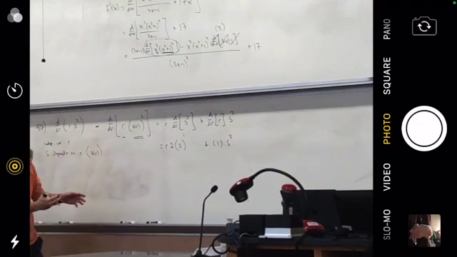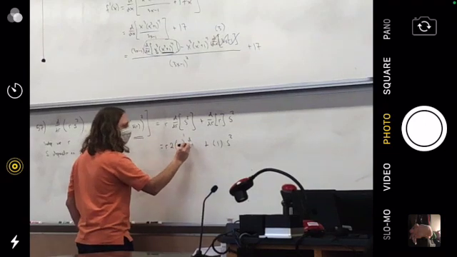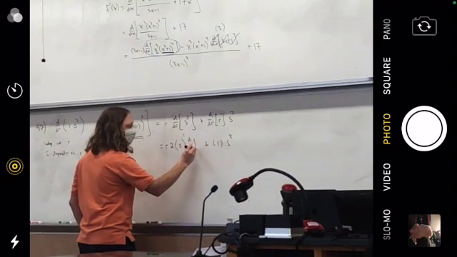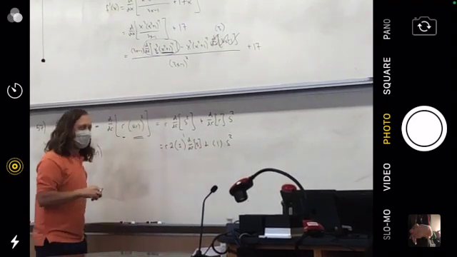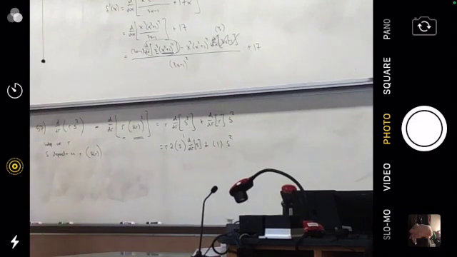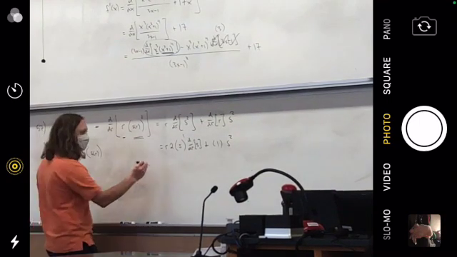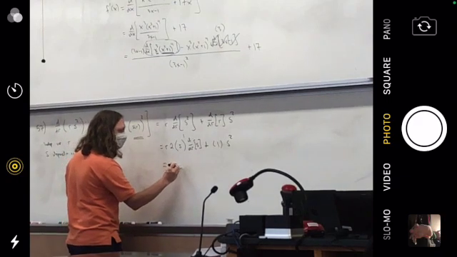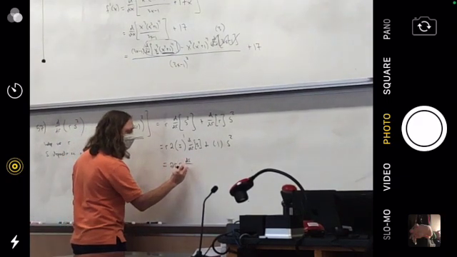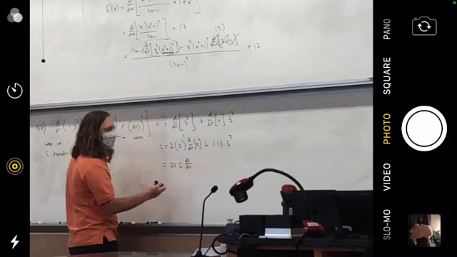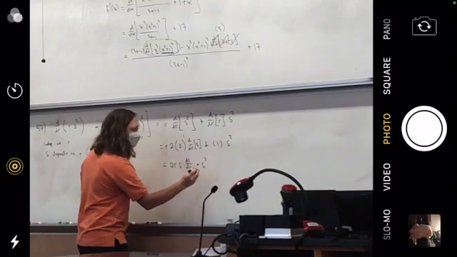And now I use the fact s depends on r. So I need the derivative of s. So if I want to simplify this just a little bit, it's 2 times r times s times the derivative of s with respect to r plus s squared.